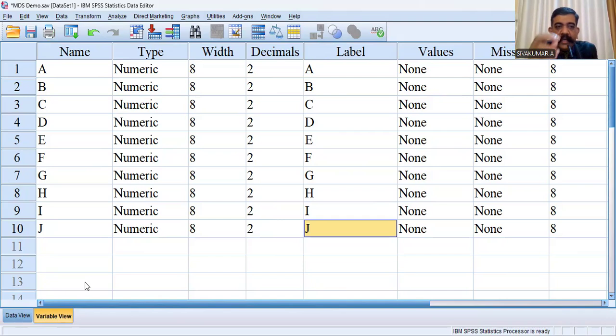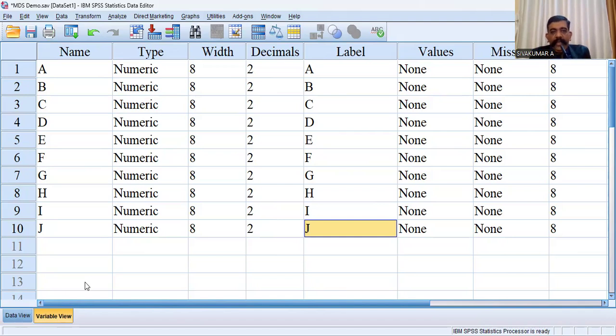Otherwise, we may get G, H, I objects similar with respect to one dimension. That means A may be Colgate, B may be Close-up, C may be Pepsodent. At last, we should get Colgate, Close-up and Pepsodent have similarities with respect to one dimension. That type of analysis is known as multi-dimensional analysis.